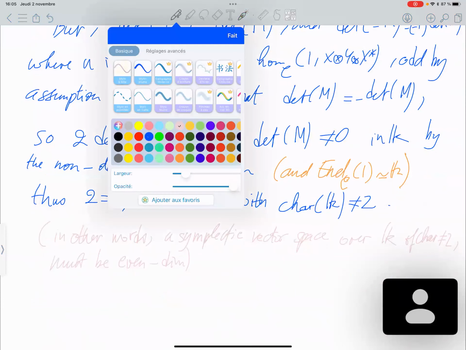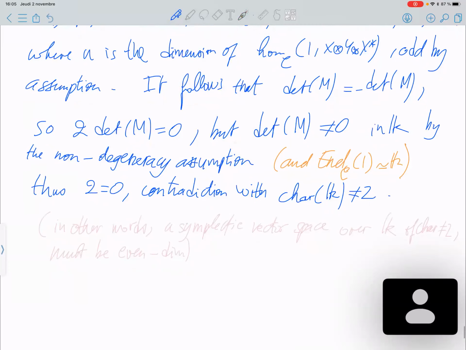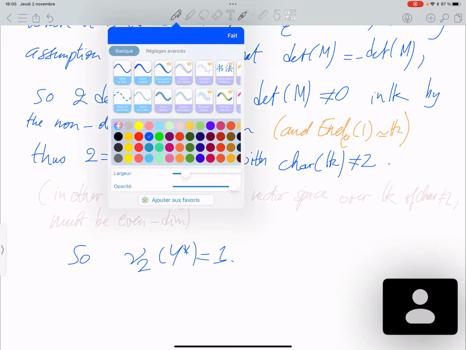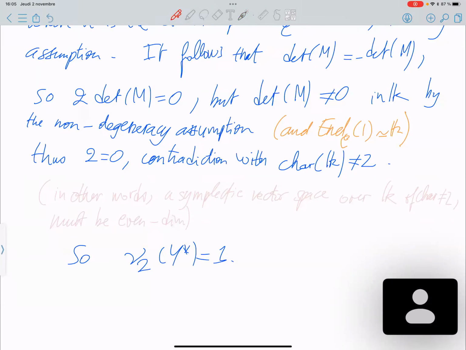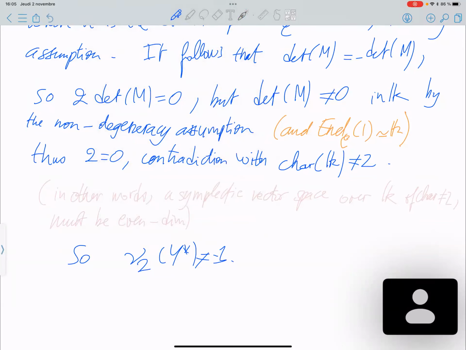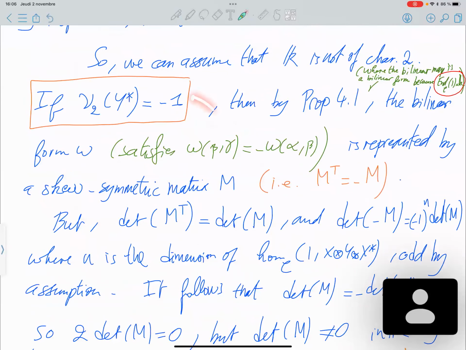So let me just write the last line, and then we will make the pause. The second Frobenius-Schur indicator of Y star is 1. Is different from -1. So the hypothesis here was wrong.